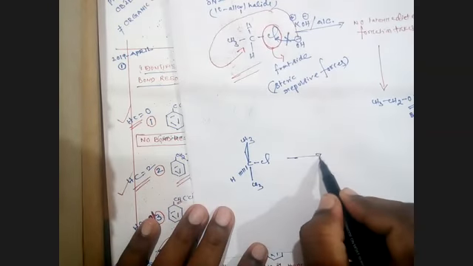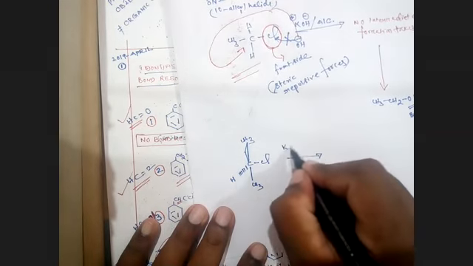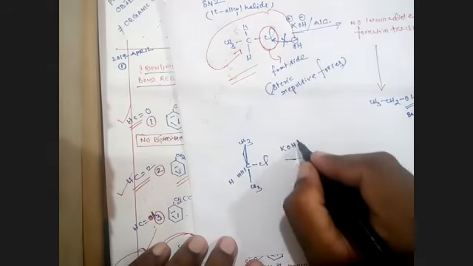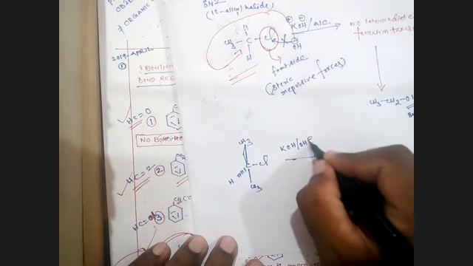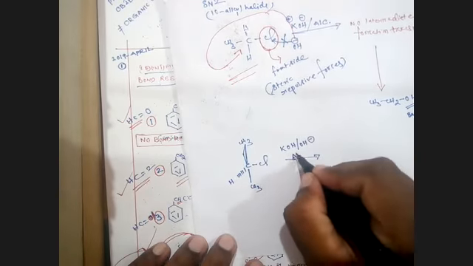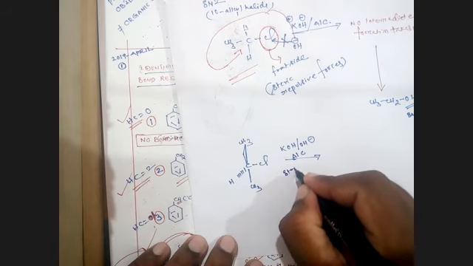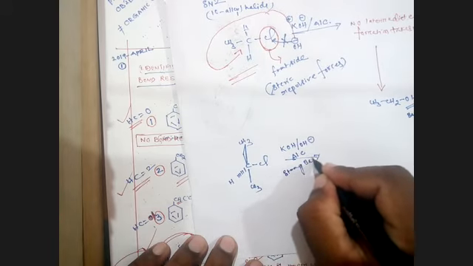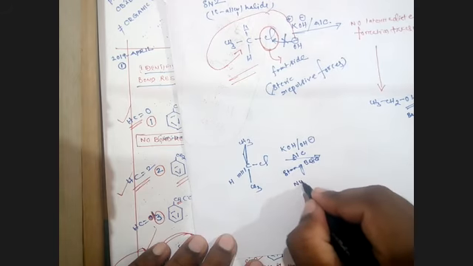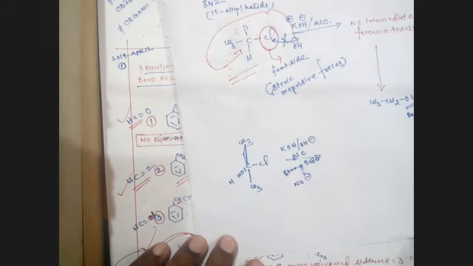Now they're adding KOH, OH minus, in alcoholic condition. Strong base or weak base? Strong base. The base is a nucleophile.